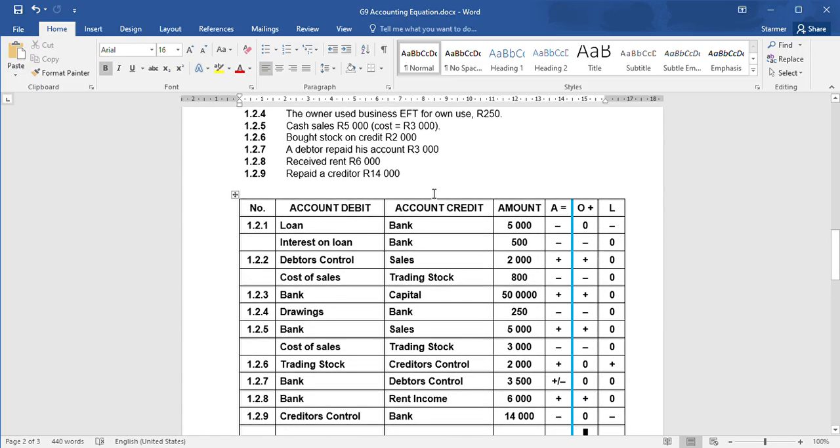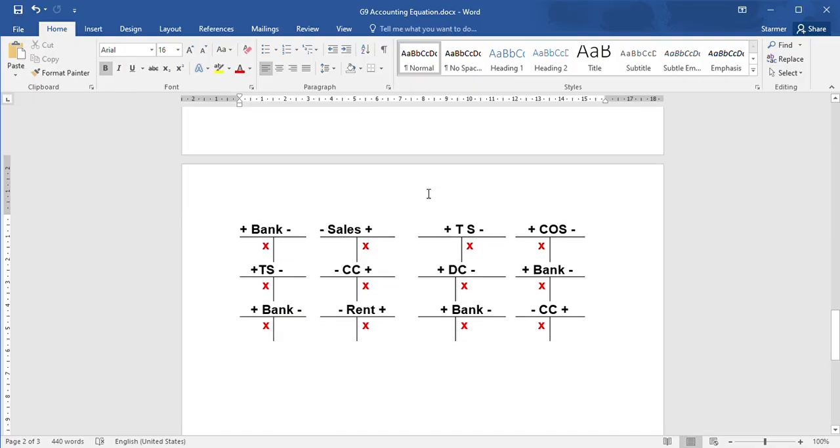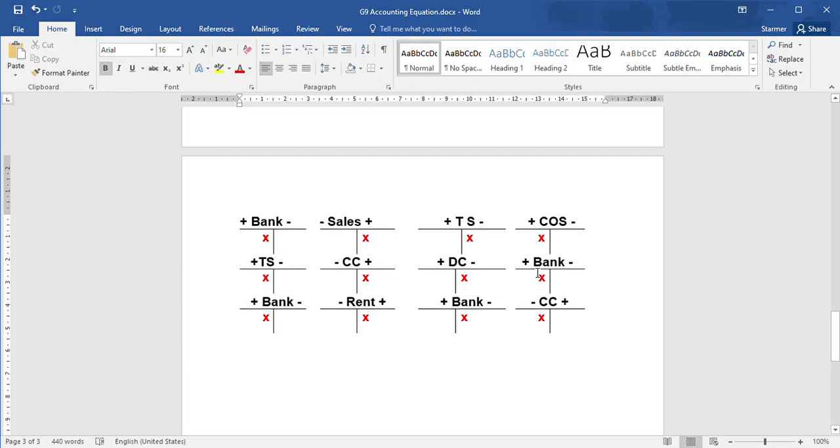Okay, a debtor repaid his account. It's only at this point that we get money from the debtor. So because we're getting money, the one account here is bank. We're receiving money, so bank increases. The other account is your debtors control. Someone's paid you back. If they pay you back, they owe you less, so the X will be on the minus side.